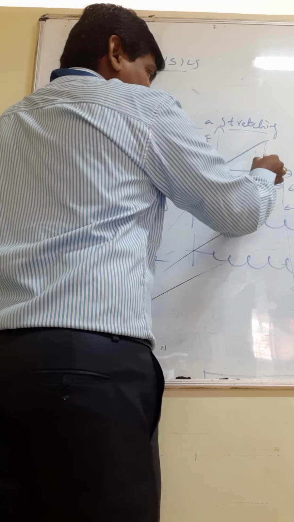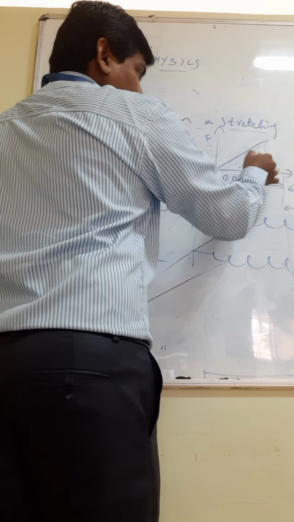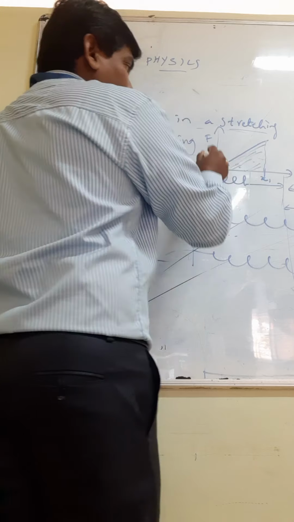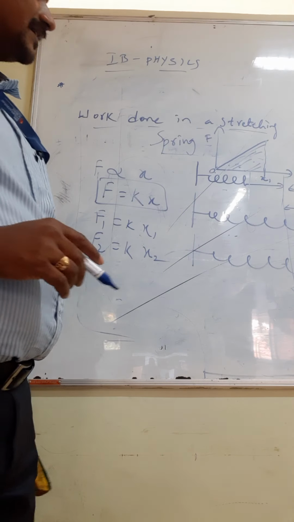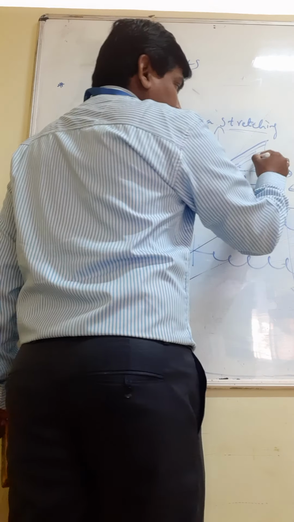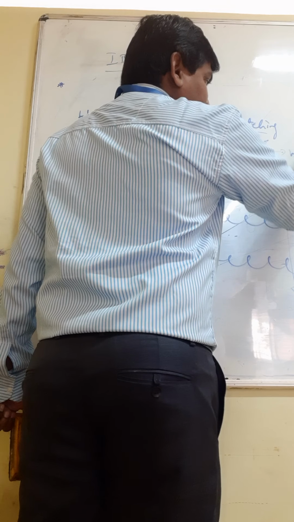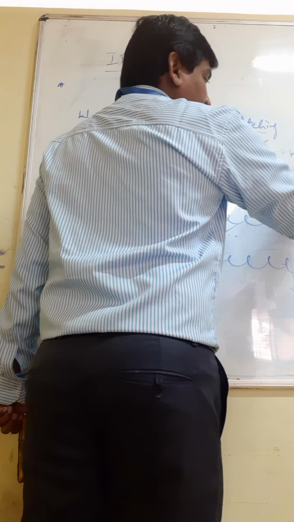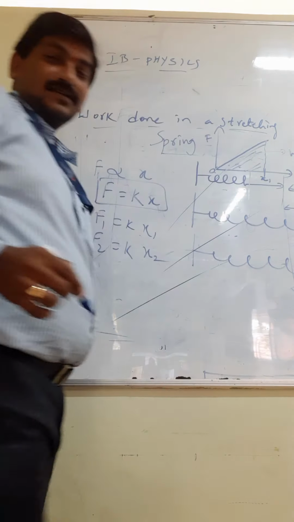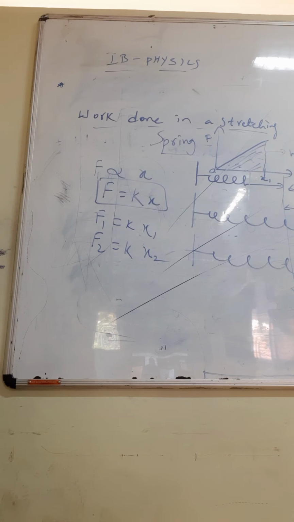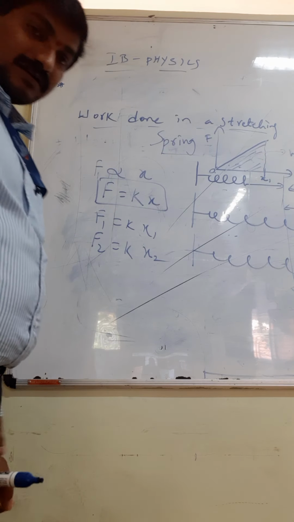The area covered by the force and displacement slope gives us the work done by a stretching spring. So the area under the slope gives us the work done.